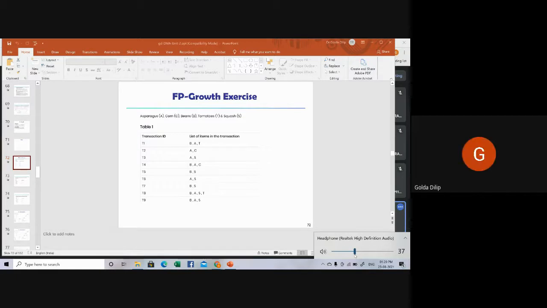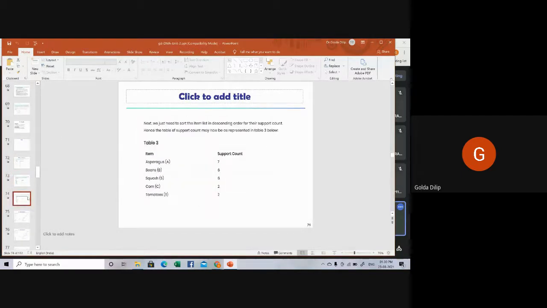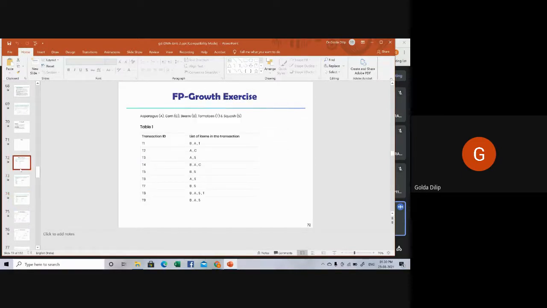Shakti Priya, present. Nishok is absent. Shreya, present.